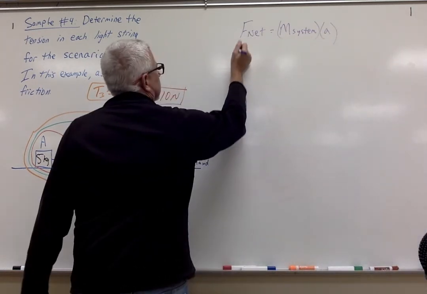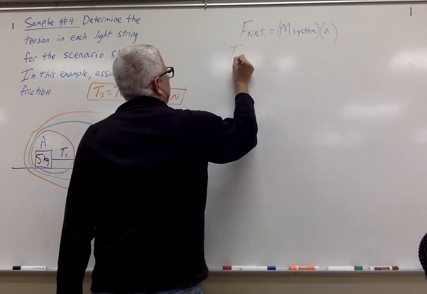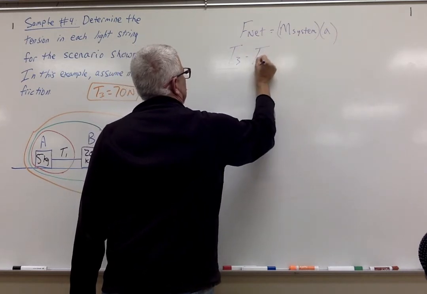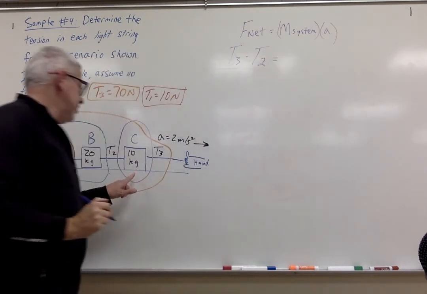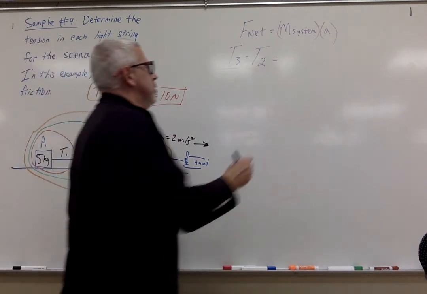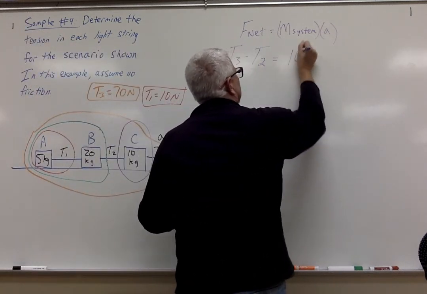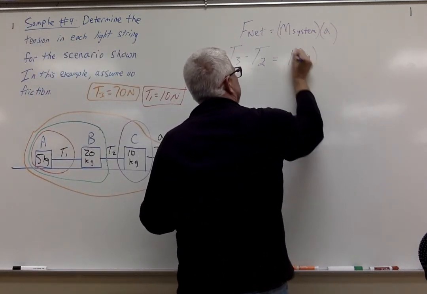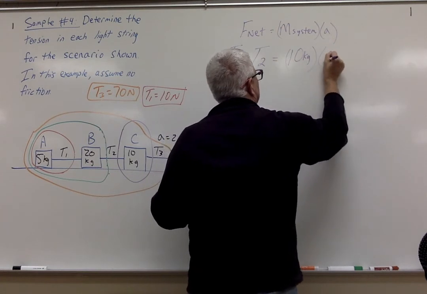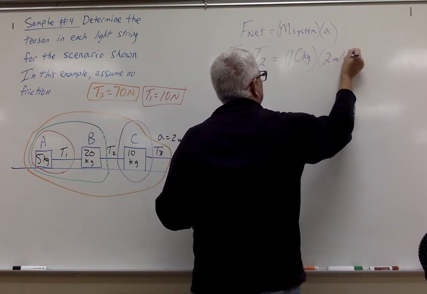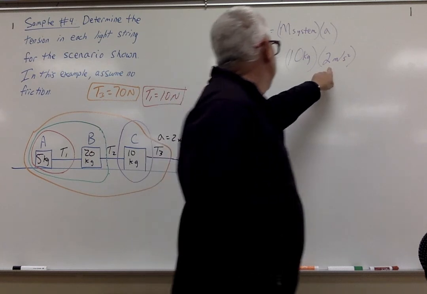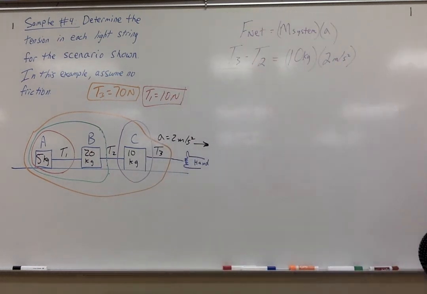So I'm going to say here T3 minus T2. The mass of this system is 10 kilograms. And the acceleration of the system is 2 meters per second squared. Notice that's a positive number. T3 minus T2 should give me a positive number as well.